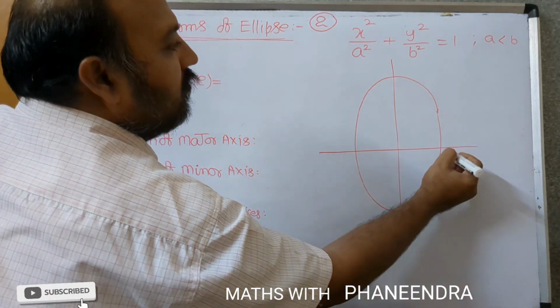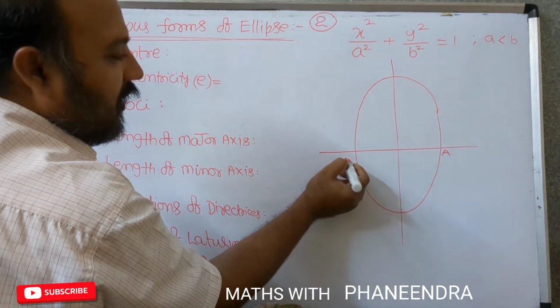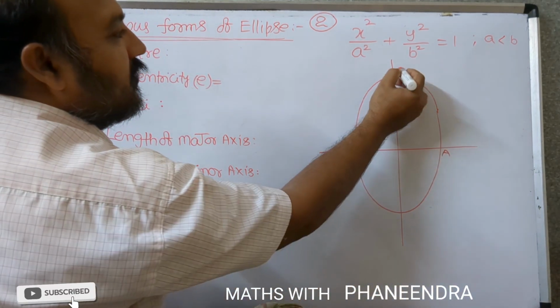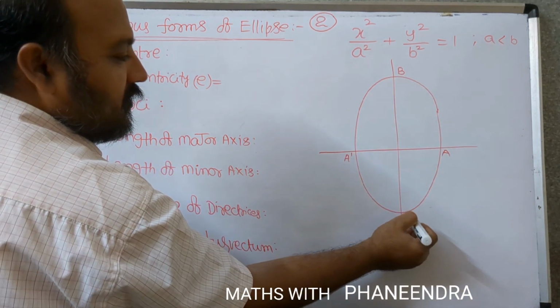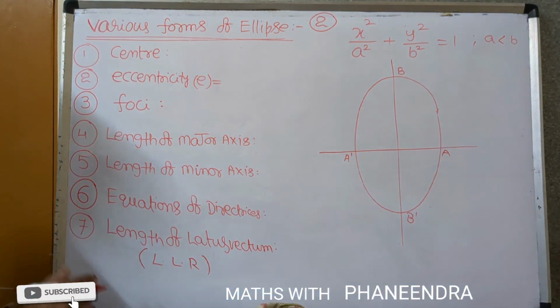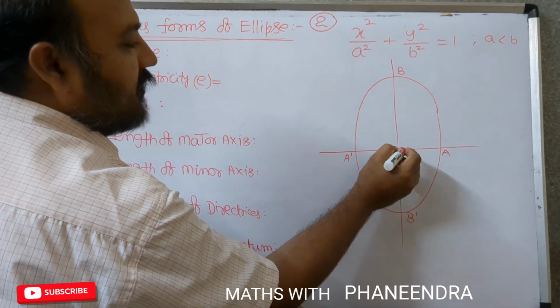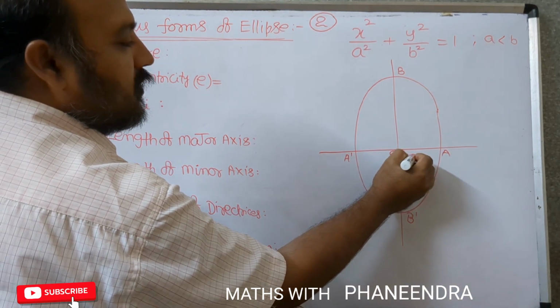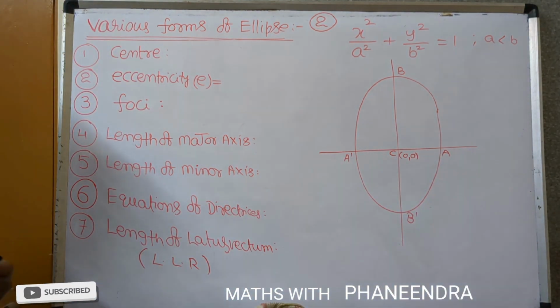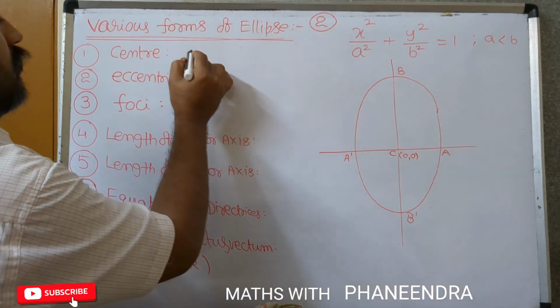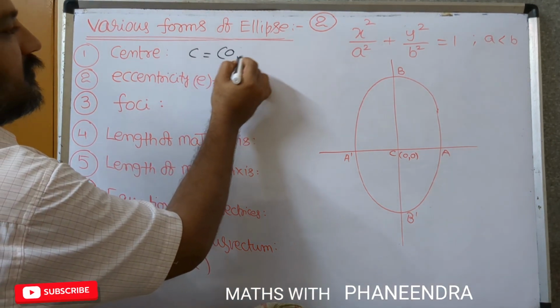Now this is A, this is A dash, B dash. We are not changing anything. The center will be the same, (0, 0). Center C is equal to (0, 0).